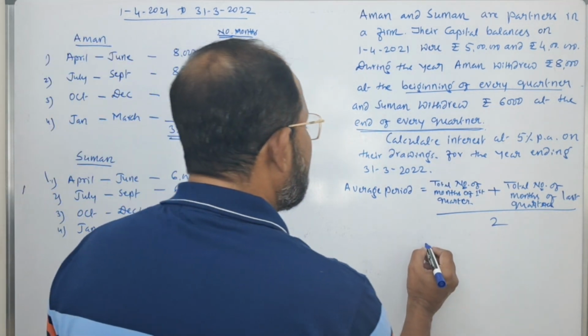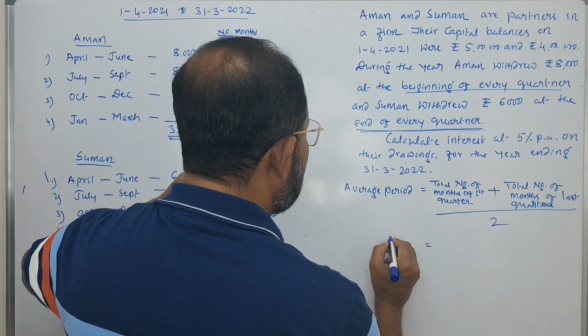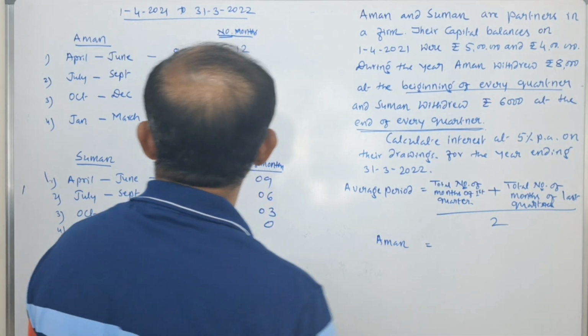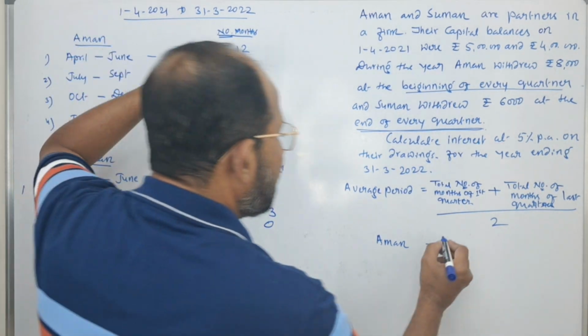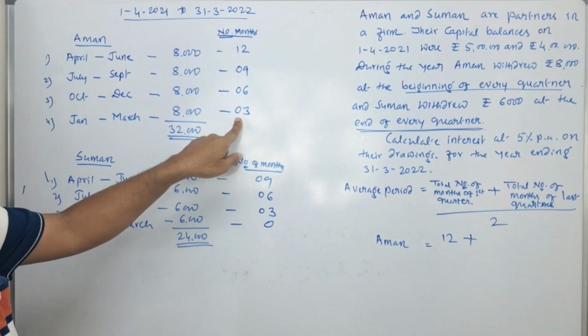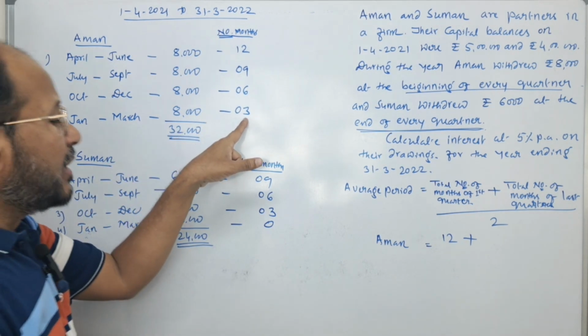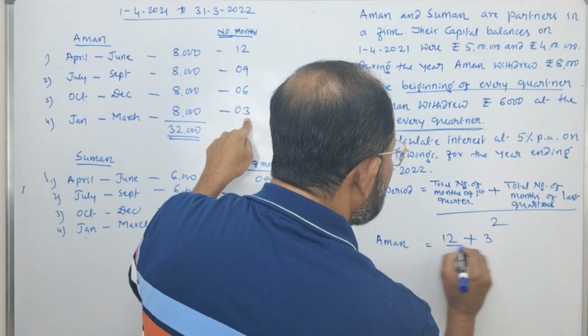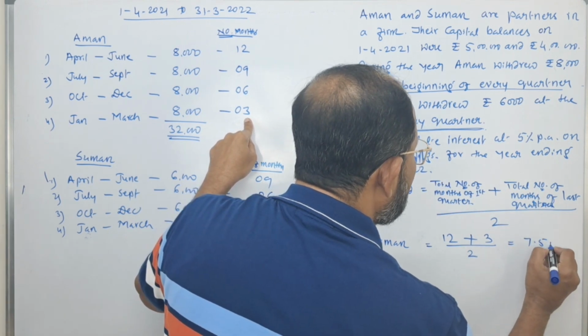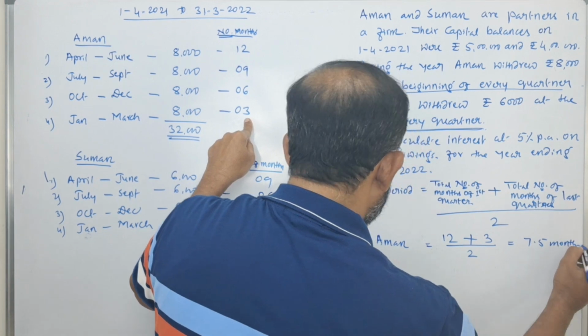Okay, fine. Here the total number of months in case of Mr. Aman is 12. Here you take 12 months plus 3 months. This is the last withdrawal. That is why here 3 months is to be taken, divided by 2. When we simplify this, we get 7.5 months.